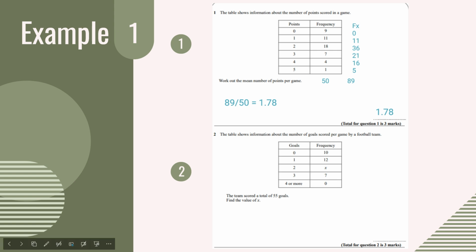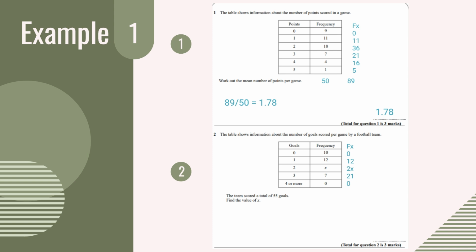In our second question, the table shows information about the number of goals scored per game by a football team. The team scores a total of 55 goals. Find the value of x. To begin with, we need to make our FX column, with our first value being 0, second 12, third 2x, fourth 21, and our fifth 0.